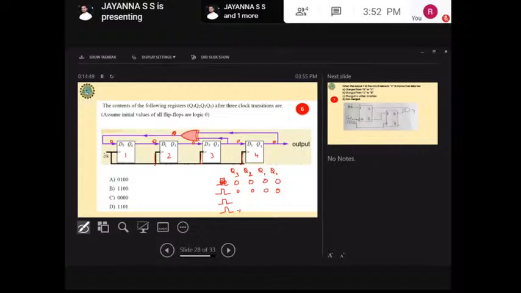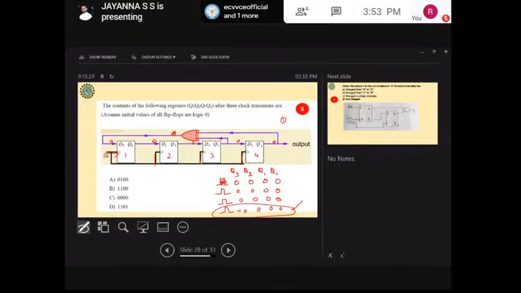On the next clock, all these 0s move along, and 0 XOR 0 again gives 0. If I apply the clock, all 0s move, and I would need a 1 at the terminal to get the XOR output as 1. That combination is impossible in this circuit. Until the third, fourth, and fifth clock, I'm going to get 0, 0, 0, 0 for the given circuit.